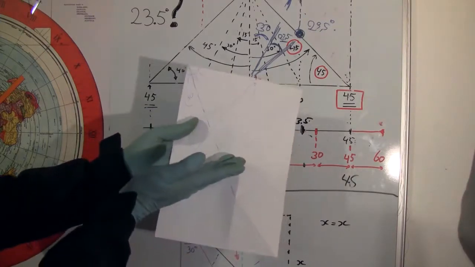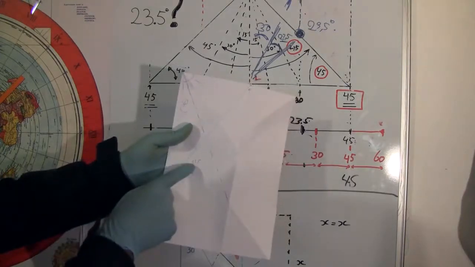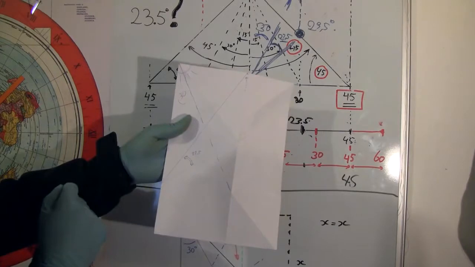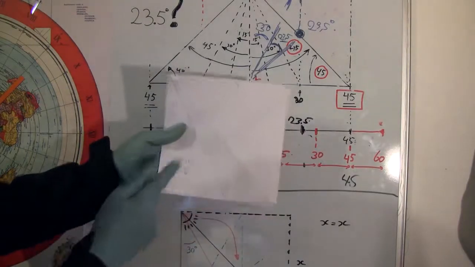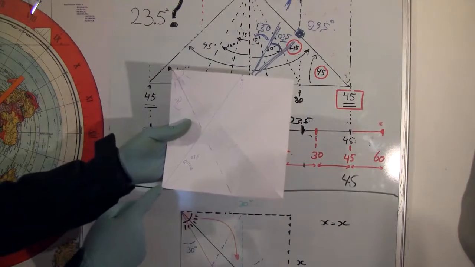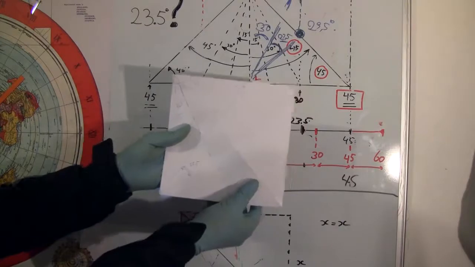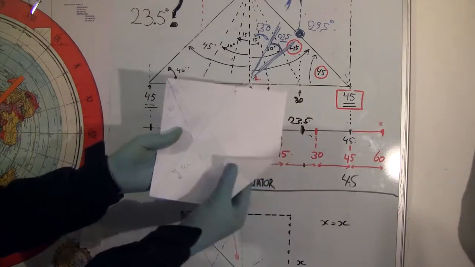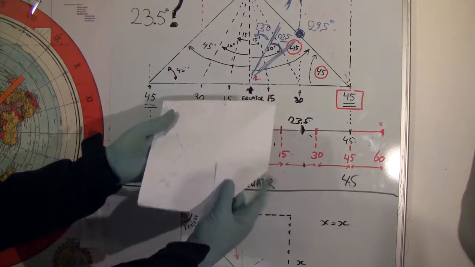If you measure the angle, it will measure 23.5 degrees from the equator. This is my beautiful sun. And the beauty of it, exactly on the same spot.